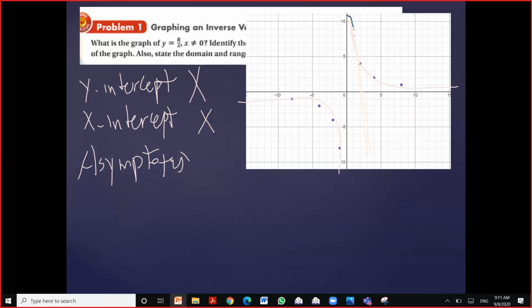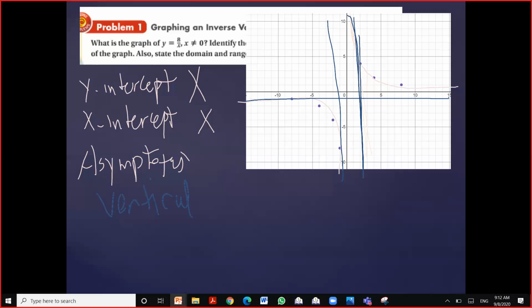So this is now the asymptotes. Now, what is the vertical asymptote? The vertical asymptote, yes. Look here, we have the vertical asymptote. What are?